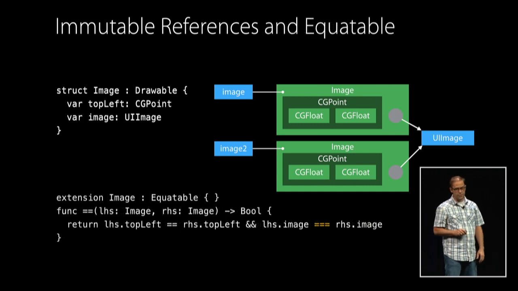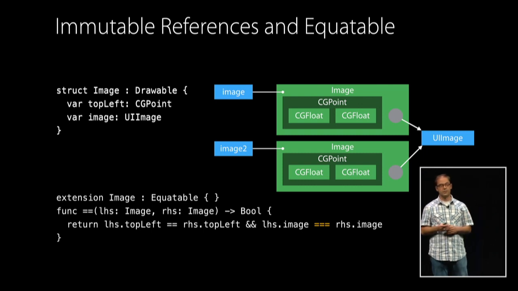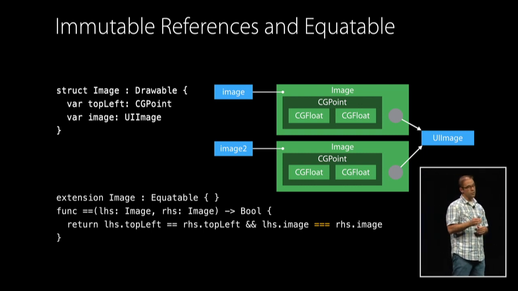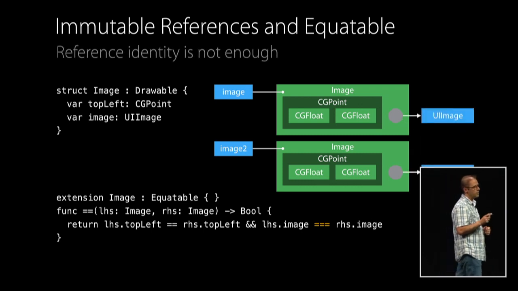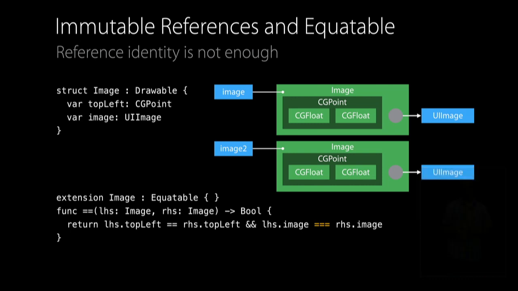And of course, we want to make sure and implement the equality. At first blush, you might think, OK, I'll use the triple equals operator, which is going to compare the reference and see if those references are the same. Well, this would work OK in this example. But we also have to think through what happens if we create two UIImages using the same underlying bitmap.